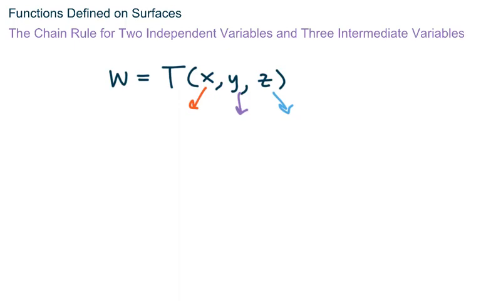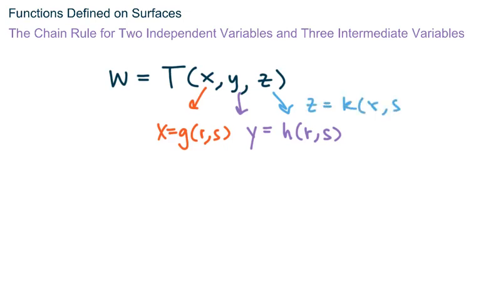So they're also helping with position. So we've got x is g of r, s, and y is h of r, s, and then z is k of r, s.